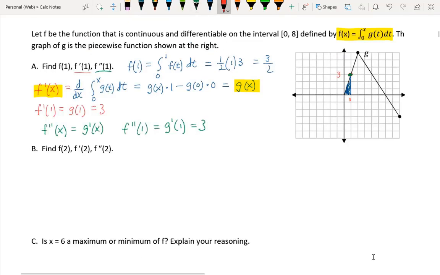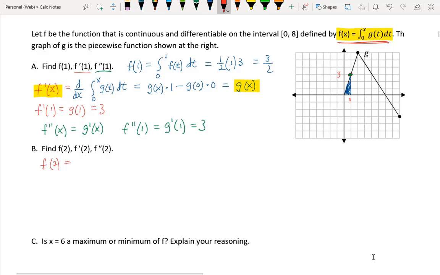Alright, so f of 2. Because I've got my function up here at the top, the first thing I need is f prime of x, but I'm skipping some steps here because we already did f prime of x back up here in part A. So I know that f prime of x is equal to g of x.